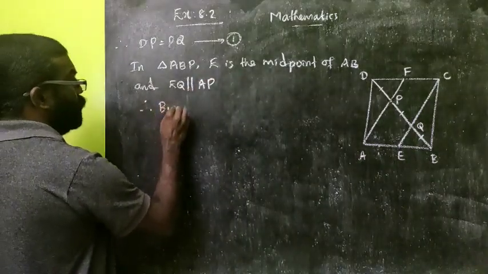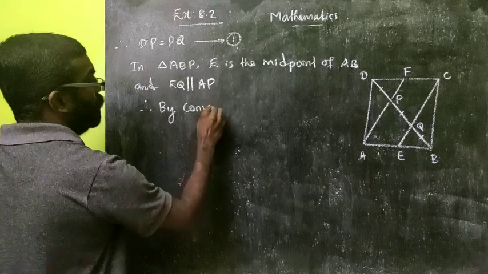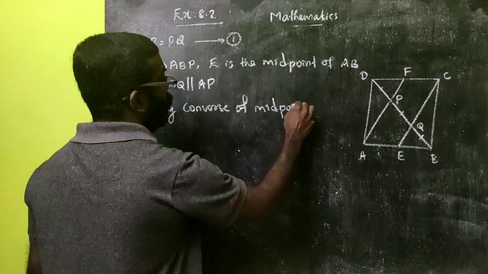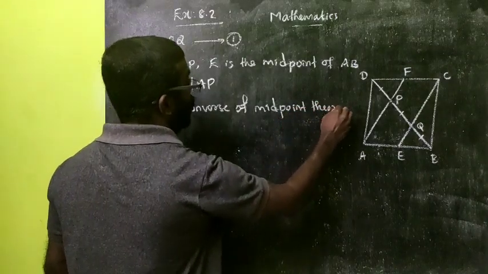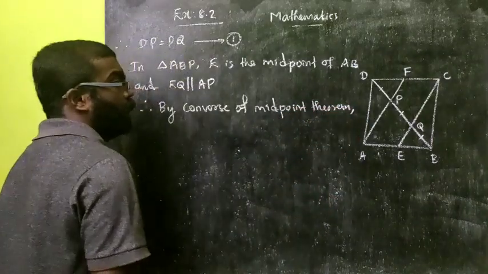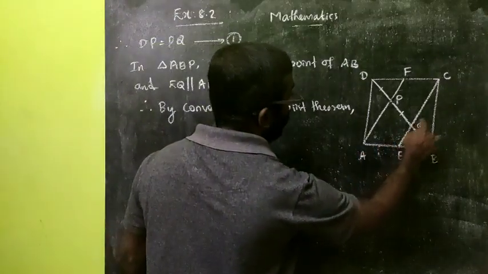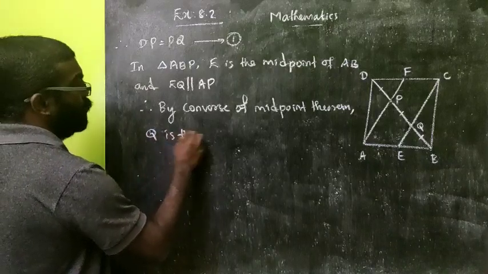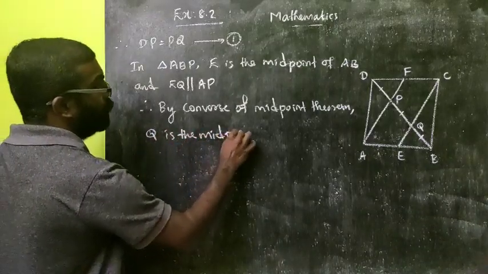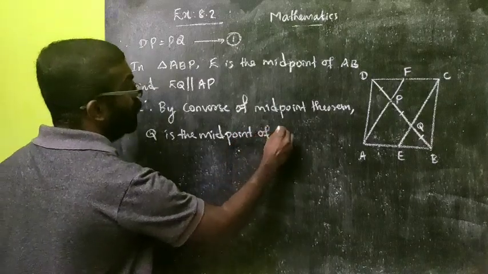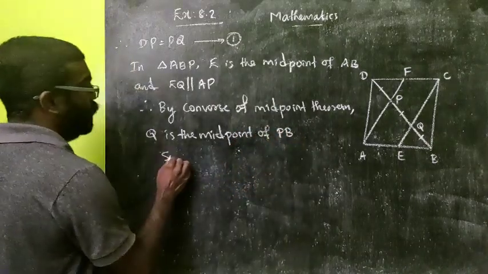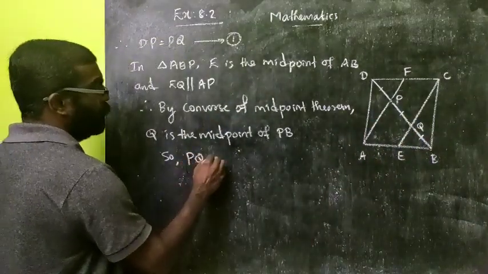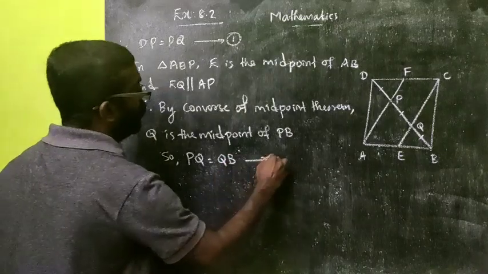Therefore, by converse of midpoint theorem, we can write Q is the midpoint of PB. So we can write PQ equal to QB. We can take it as equation number 2.